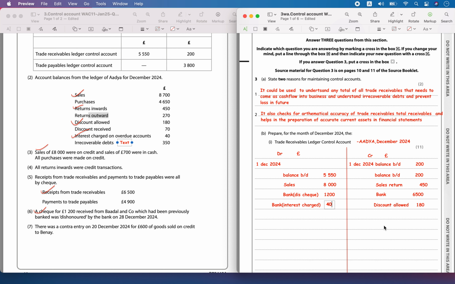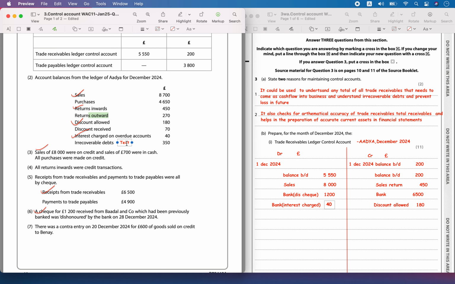And then there was an irrecoverable debt.